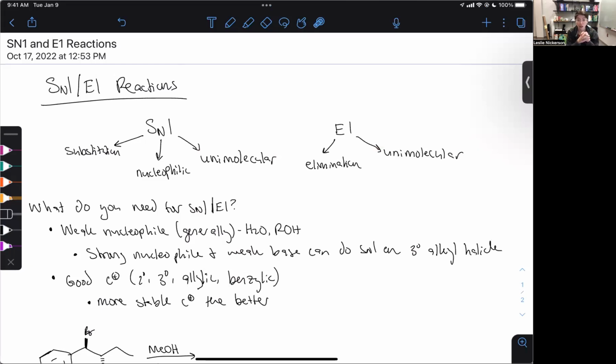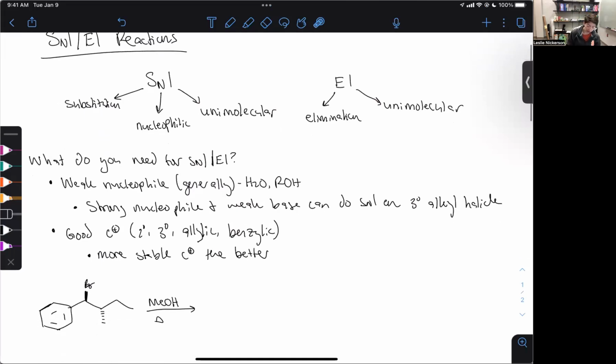In the SN2 or the E2, bimolecular means that you've got two molecules interacting in your rate determining step, and that's either your acid-base reaction or your nucleophilic attack. So that's the main difference here: we're looking at a different mechanism for the SN1 and E1, but you're ending up with very similar looking products, but not necessarily the same products in each case.